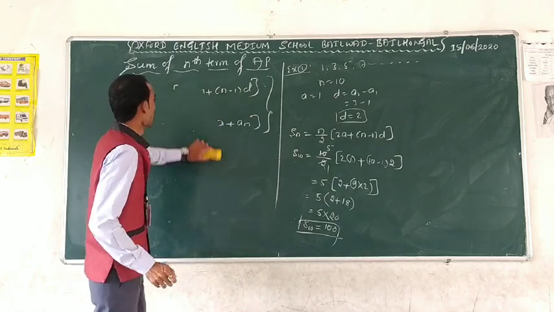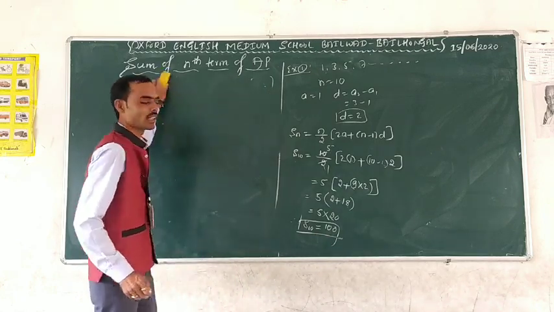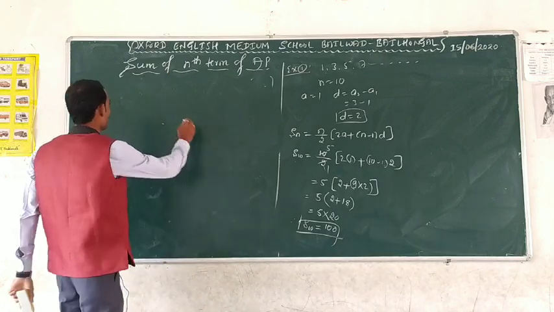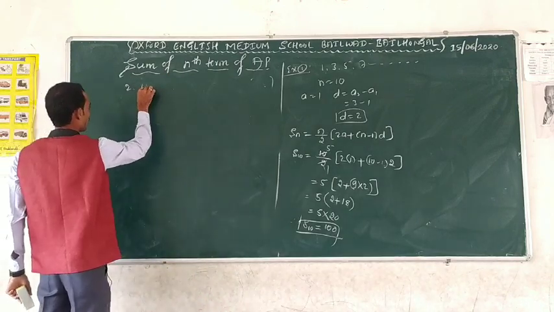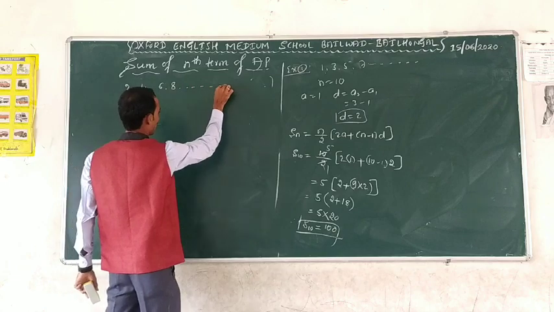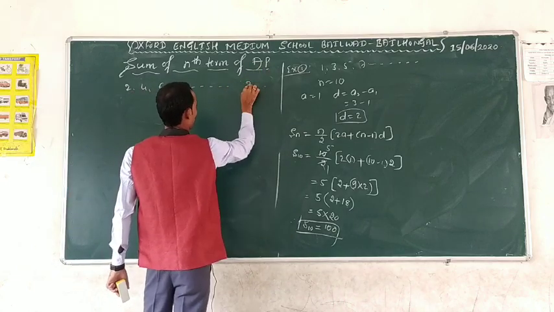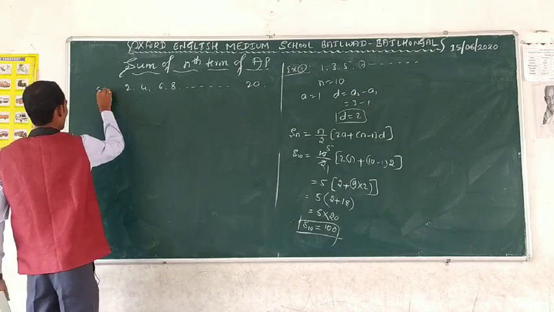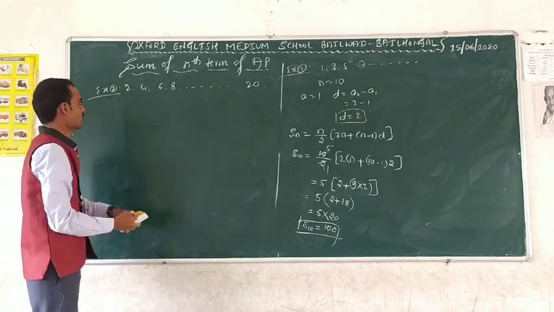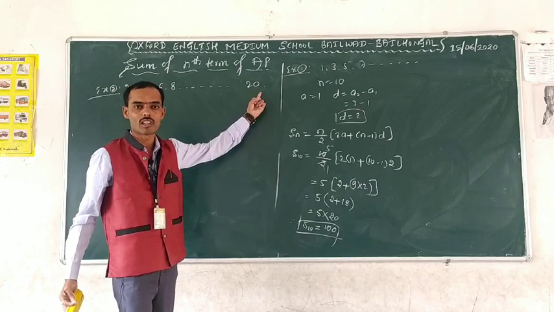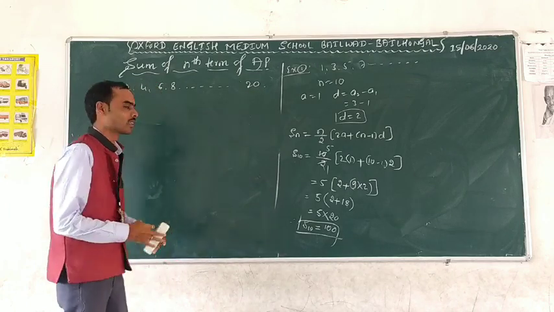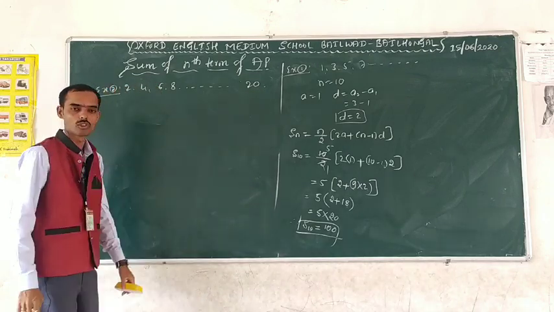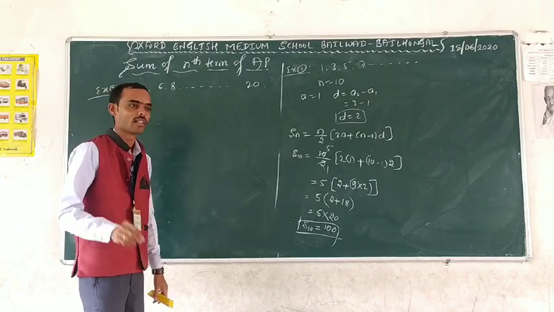They have given another problem like this, using the second formula. I will take another sequence 2, 4, 6, 8 up to 20. Example number 2. They have given one sequence and also the last term an, so we have to use the second formula, that is Sn is equal to n by 2 into (a plus an).